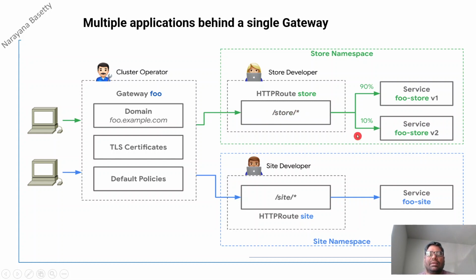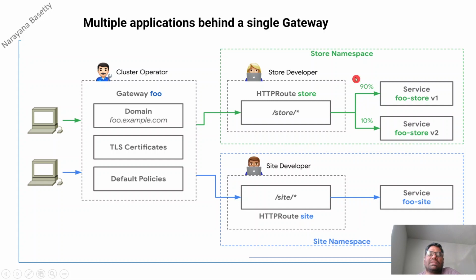And then they are offering behind the scenes two sets of services: foo store version 1, foo store version 2. They wanted 90% of the requests, this is called traffic weighting, to be dispatched to V1, and 10% of requests dispatched to V2.